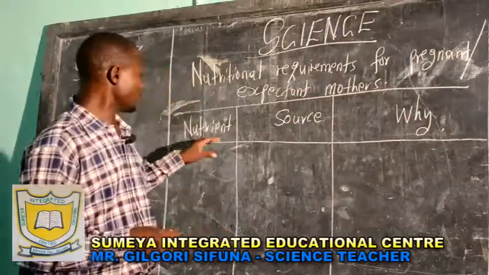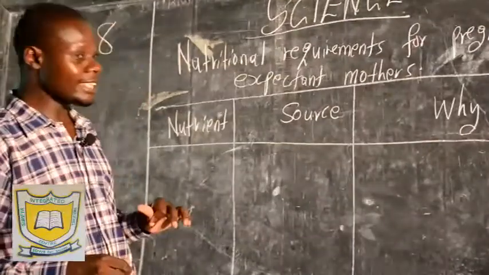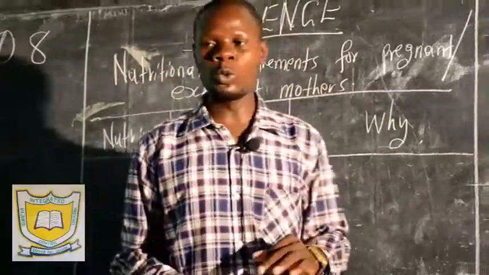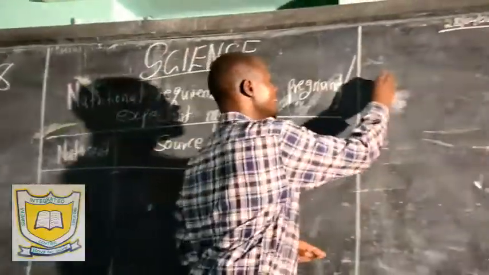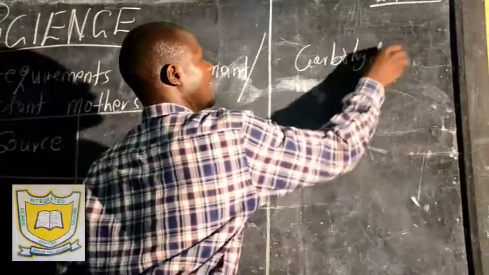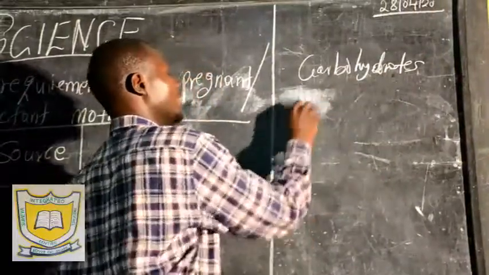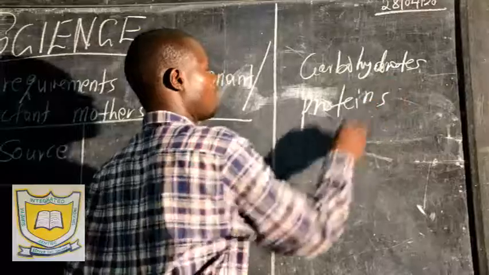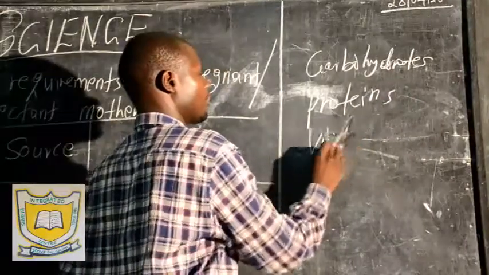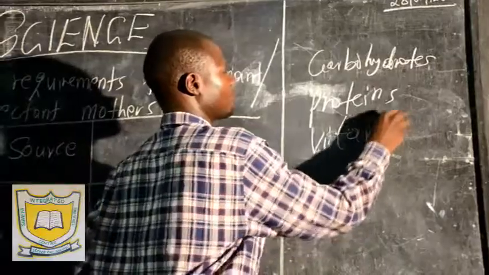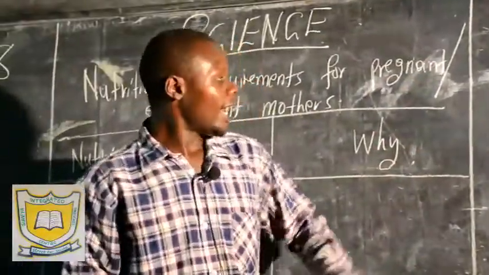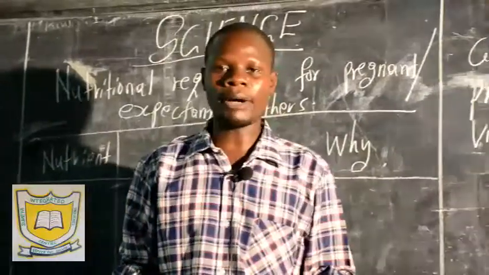Now, what are some of the nutrients? Compulsorily, you have to start with the balanced diet, where we have the rule of three: carbohydrates, proteins, and vitamins. This is what we call the rule of three, and this is what gives the balanced diet.